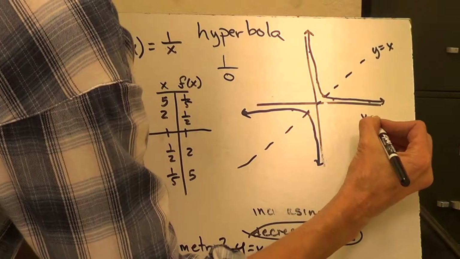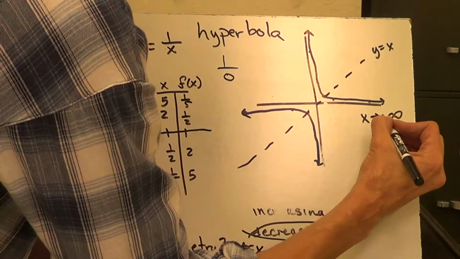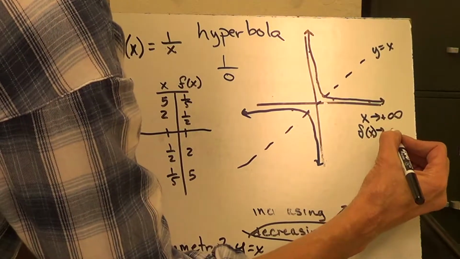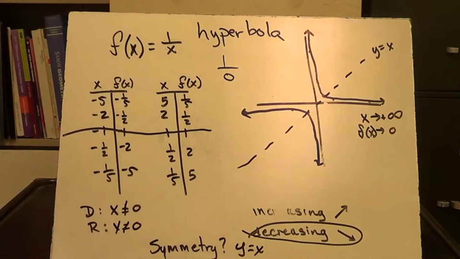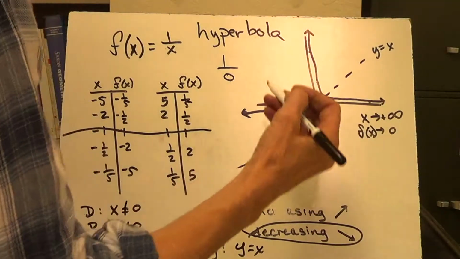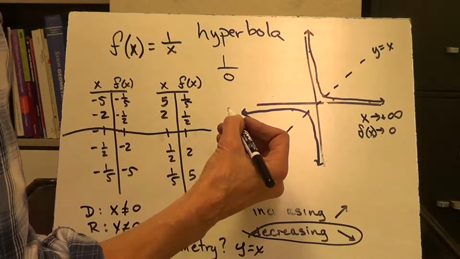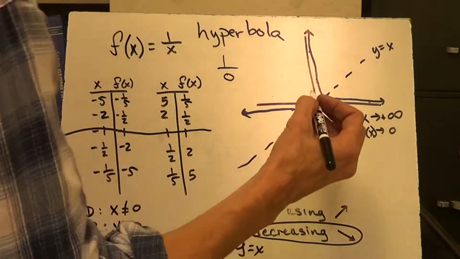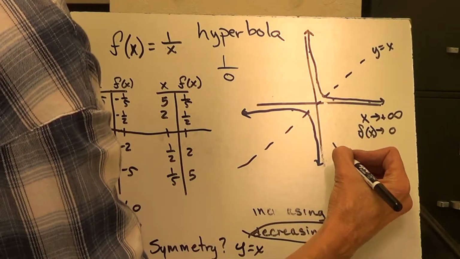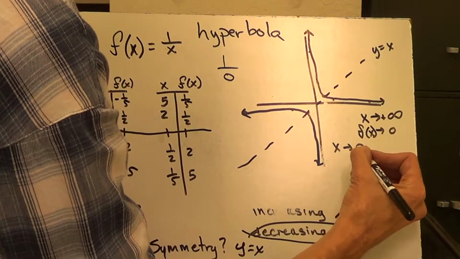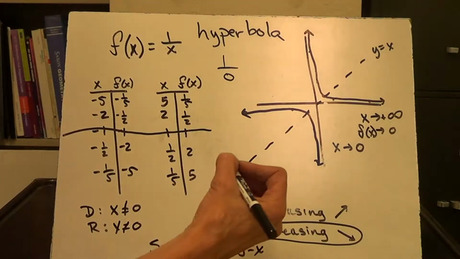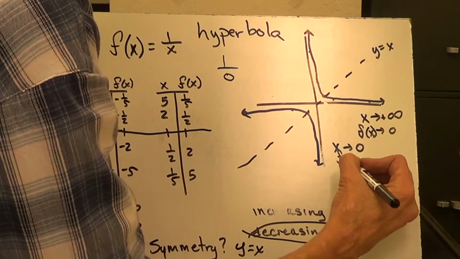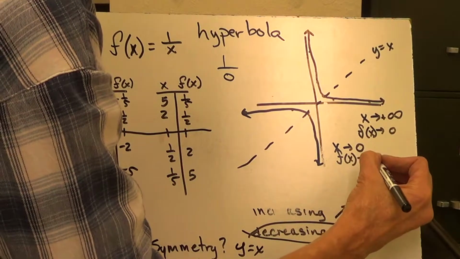End behavior is something that we want to talk about. As x goes towards positive infinity, f of x, interestingly enough, is going towards 0. Going this way, as x approaches 0, f of x is going to positive infinity.